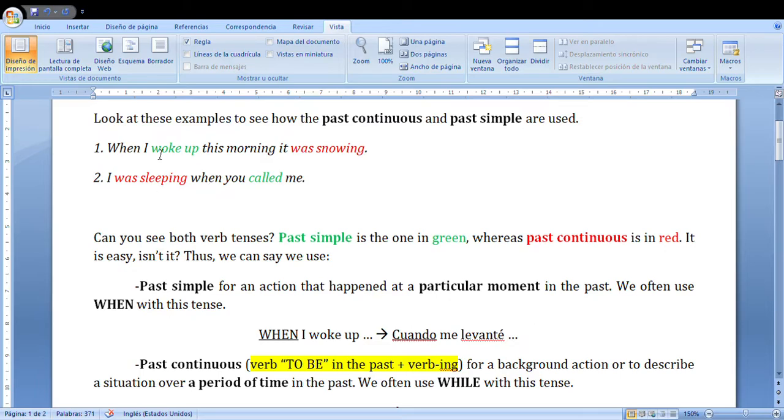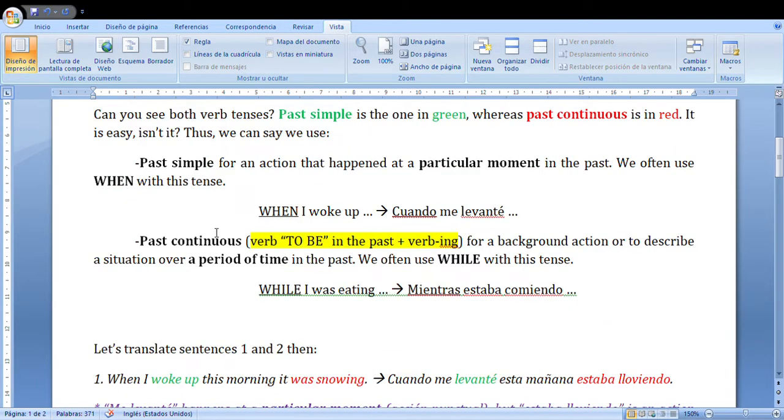So after watching this, I have written here the definition, or when we can use these two verb tenses. Past simple is for a particular moment, an action that happens, let's say, at 1 second.